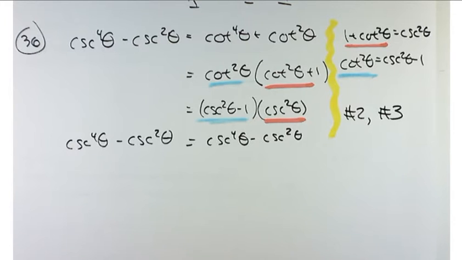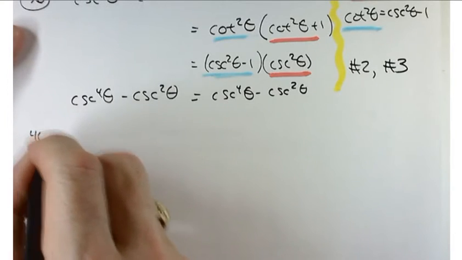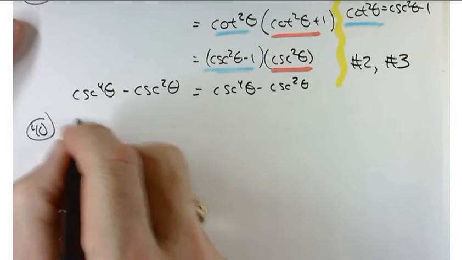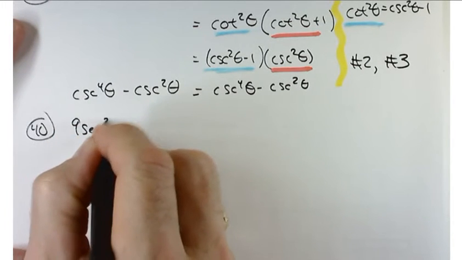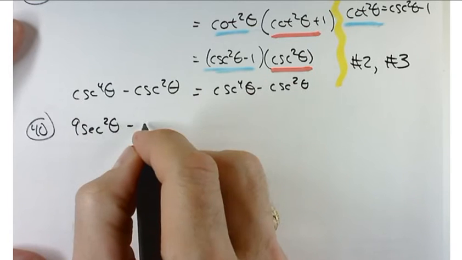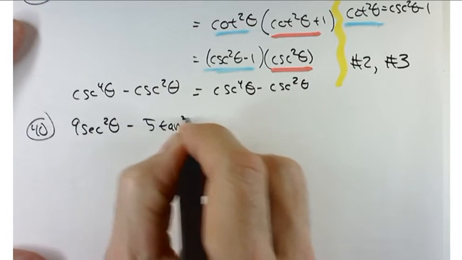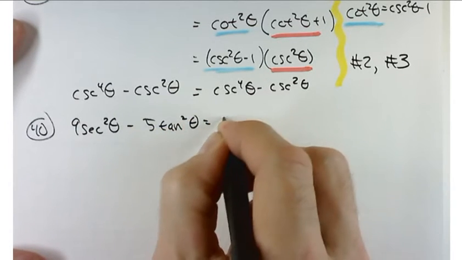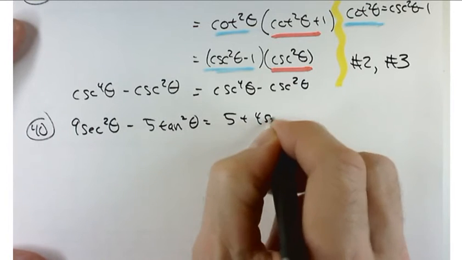Let's try problem number 40. Nine secant squared of theta minus 5 tangent squared of theta equals 5 plus 4 secant squared of theta.